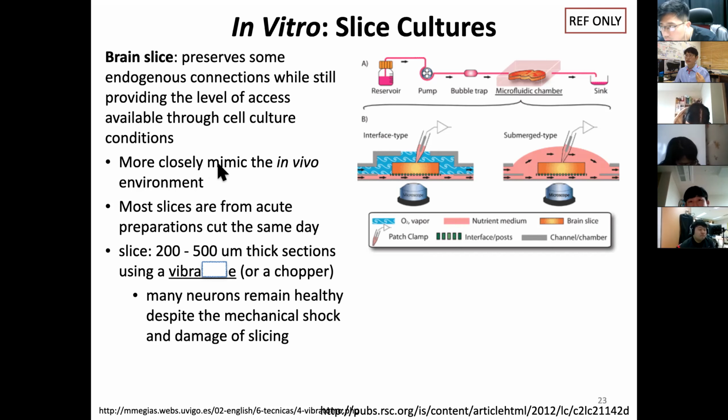So you are trying to closely mimic the in vivo environment. And as I say, this is kind of artificial. I mean, cutting the slice is still quite an acute injury. So usually people study on the same day. We call it acute preparation. Of course, some people do more chronic preparation.